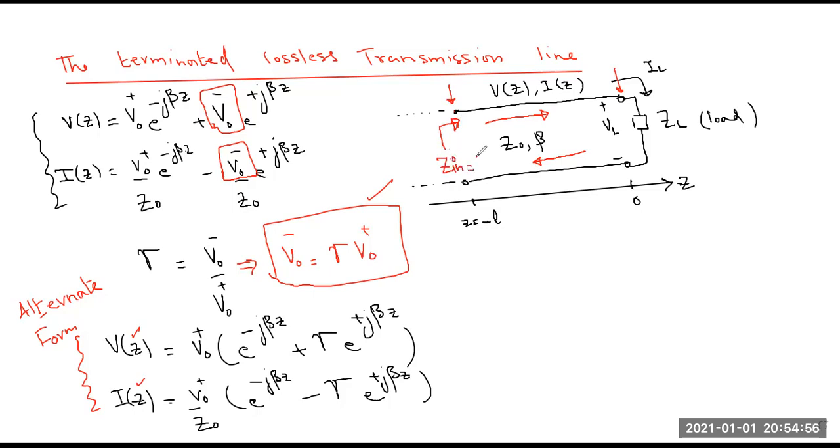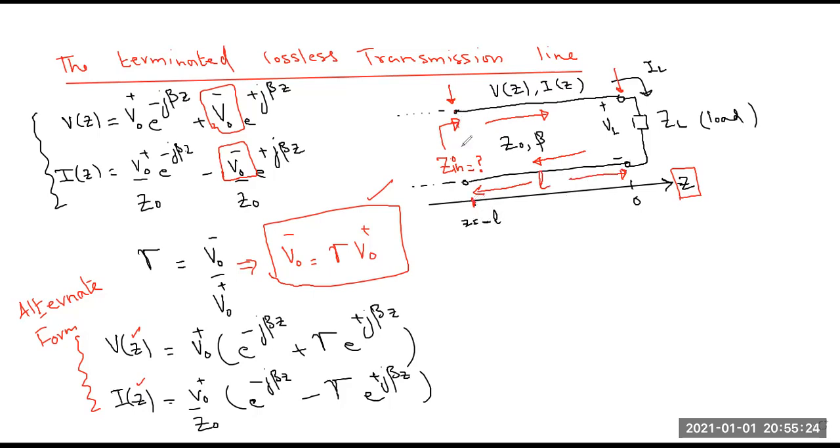Now our goal is to find out the expression for Zin. In terms of coordinate axis z, this position is defined as z equal to minus L, because we assumed that this transmission line may have some length, let's say L. So at this point, z is equal to minus L.